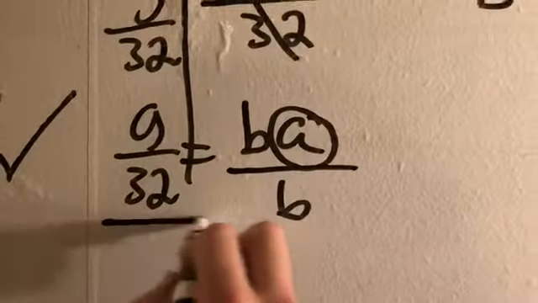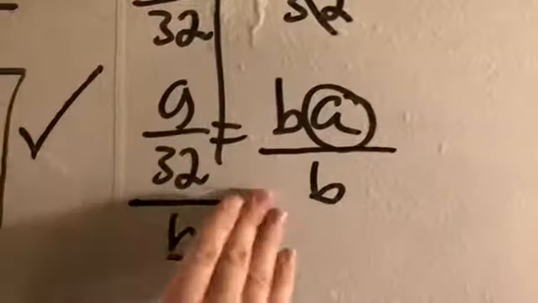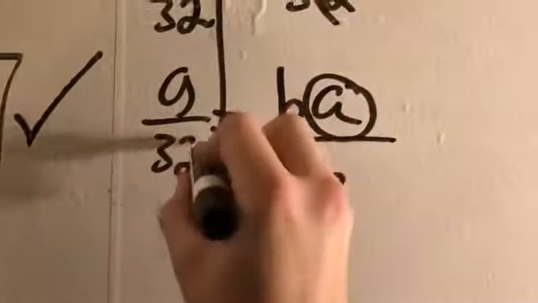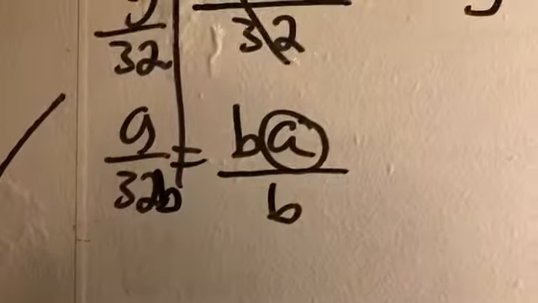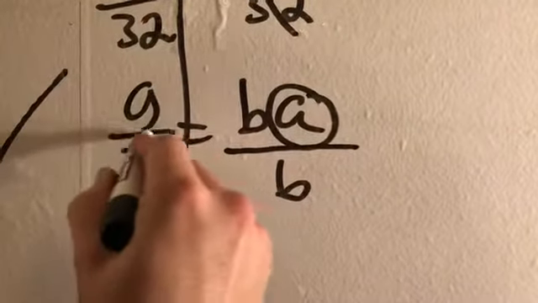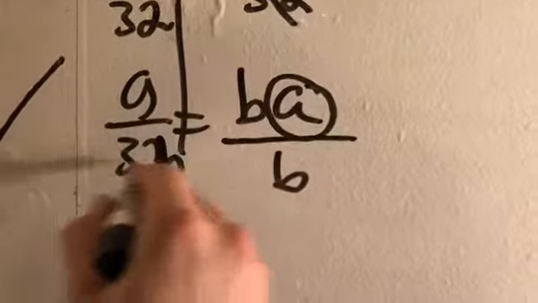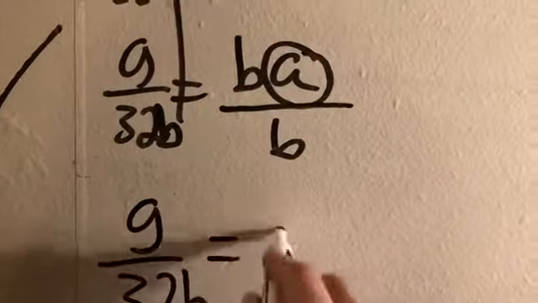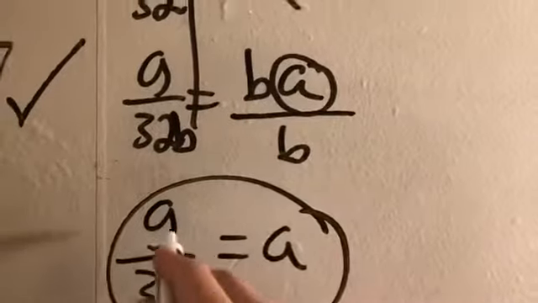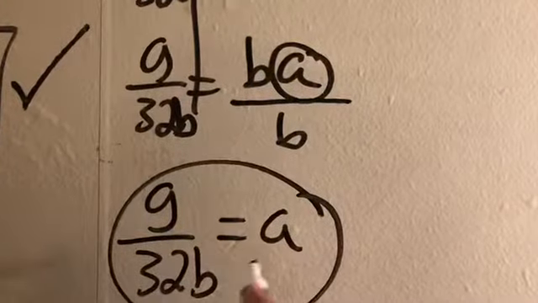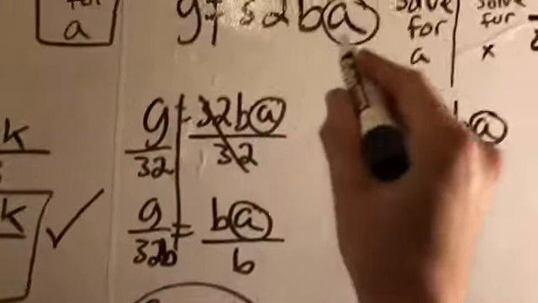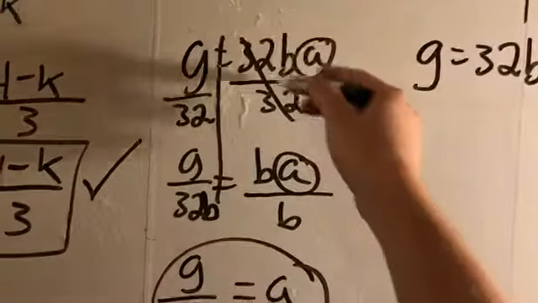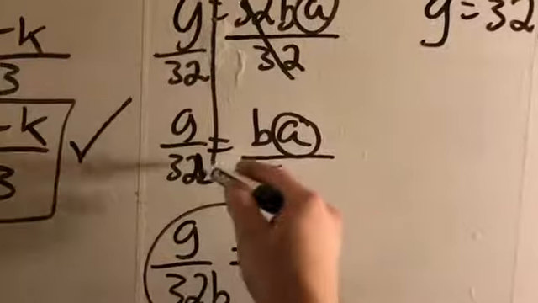So I'm not gonna draw another division symbol because that looks kind of crazy. What I'm gonna do is just write that B down with the 32 already. Because anytime you have numbers in the bottom of a fraction, that stands for division. So our final answer will equal G over 32B. As long as A is alone, we've officially solved for A. And so in this case, I divided once, twice.